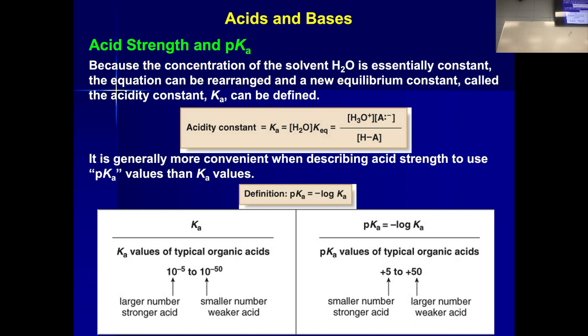So, the important thing to note here is that since I'm taking the negative log of these numbers, the smaller the number, the stronger the acid. So a pKa of 5 is a stronger acid than a pKa of 50. Okay, so strong acids will have small pKa values.